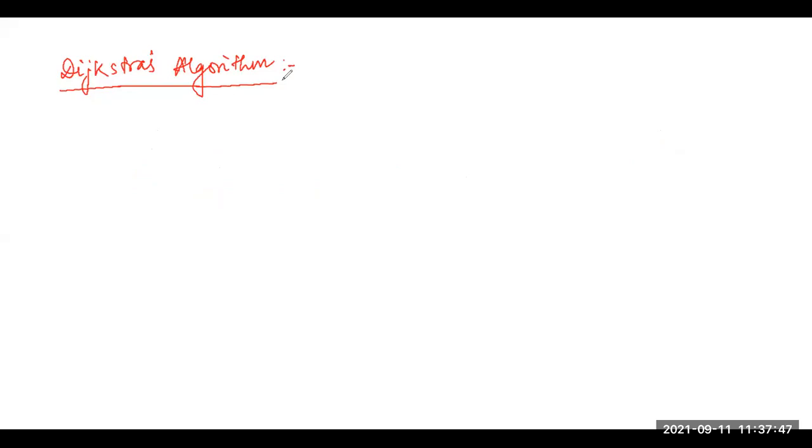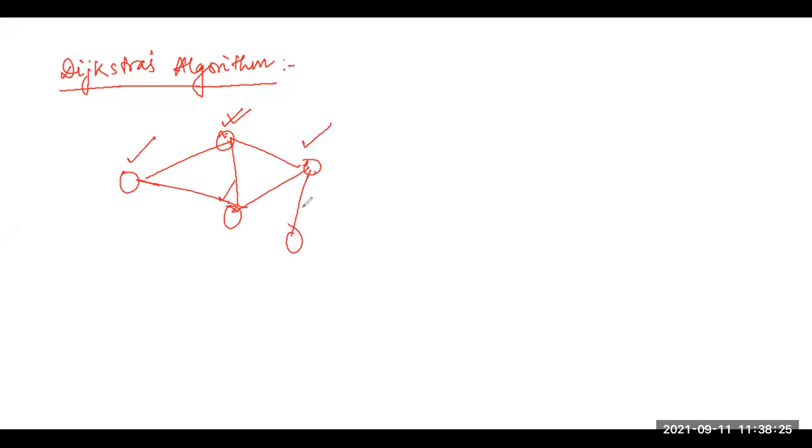While on the other hand, given a graph to you and suppose a source node is given to you, this Dijkstra's algorithm will find the shortest path between a node and every other node. That means if this was your earlier graph, and I say this is my source vertex, then it will find the minimum path from this vertex to this vertex, minimum path how to reach from here to here, and from here to here.